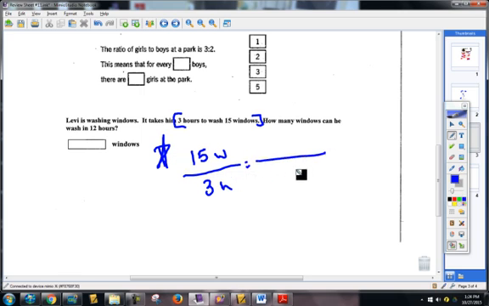And if we can just figure out how many windows he can wash in 1 hour, which is the unit rate, then we can just multiply by 12. So this question is just like the basketball question on the front. Try to figure out how many windows that Levi can wash in 1 hour. And then it's pretty easy from there. I think you guys will figure that out from there.